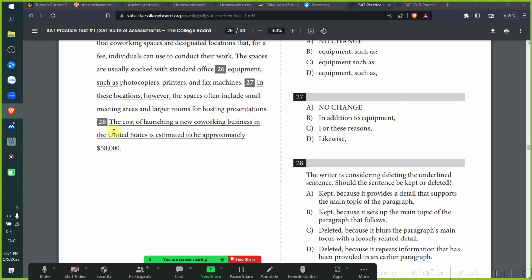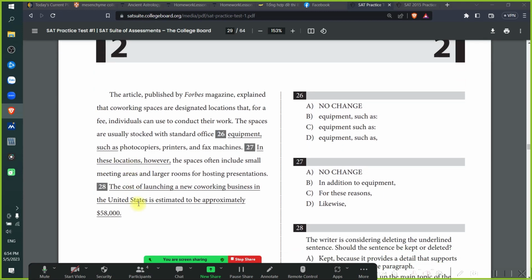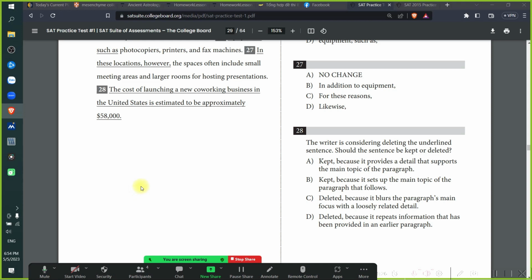Maybe it's C. In addition to equipment, the space often includes small meeting areas and larger rooms for hosting presentations. The cost of launching a new co-working business in the United States is estimated to be approximately $58,000. What do you say? C.